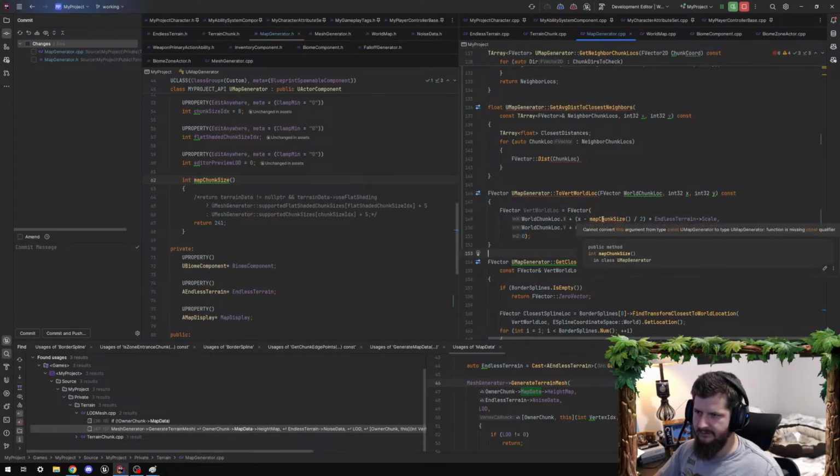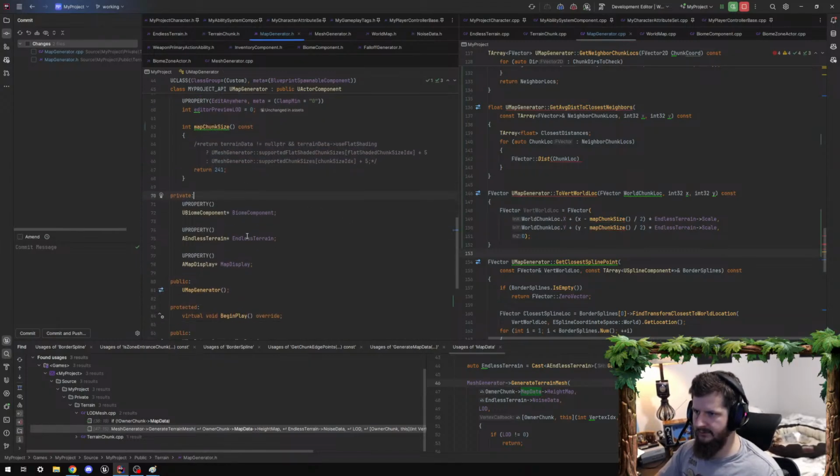Wait, why can't I use this one? It's missing the const qualifier. And so if I make it const, is everything gonna break now because I made that const?